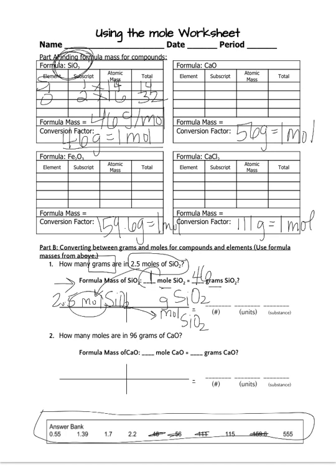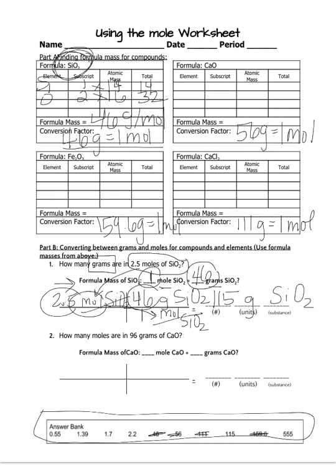So at 1, remember the number follows the unit. So 1 goes down here with mole, 46 goes up here with grams. And then I'm going to multiply across the top and divide by the bottom. So 2.5 times 46 divided by 1 is 115 grams of SiO2, because my moles cancel and I'm left with grams.